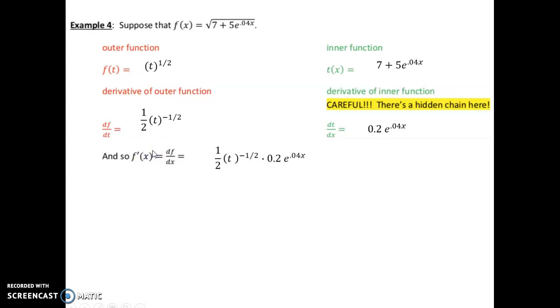Multiplying them together, we get this, but we cannot leave t in our expression. We have to, again, replace it with our x value here. So here's our derivative, 1/2, 7 plus 5e to the 0.04x to the -1/2 times 0.2 e to the 0.04x. Now I could clean this up a little bit and multiply the 1/2 and the 0.2 to get a 0.1, but for right now, let's just leave the derivative as is.